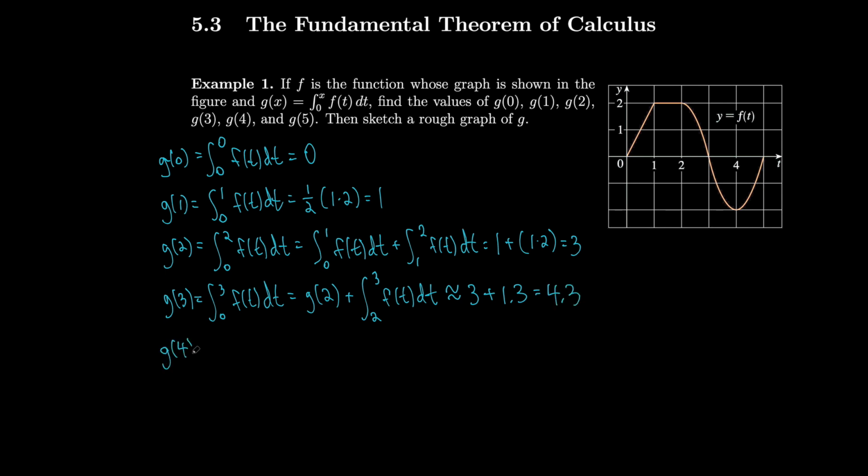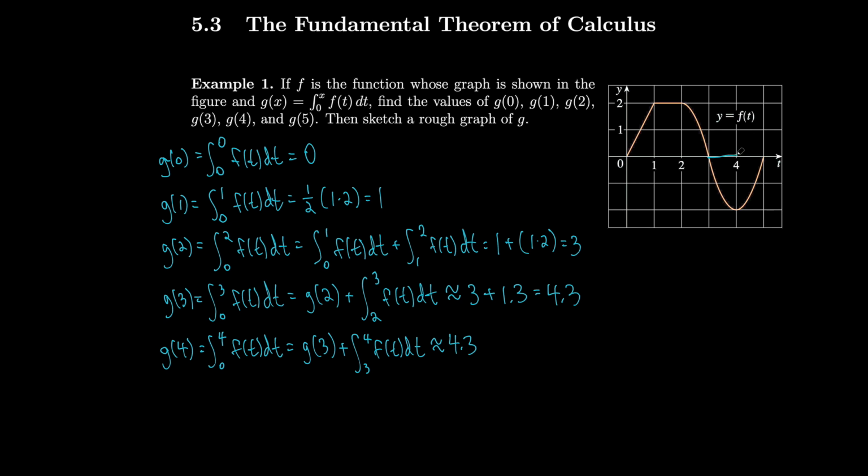Next up, g of 4. That's the integral from 0 to 4 of f of t dt, which is just g of 3 plus the integral from 3 to 4. So we said g of 3 was about 4.3.